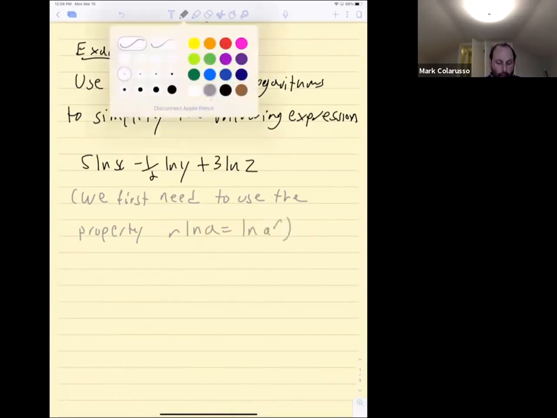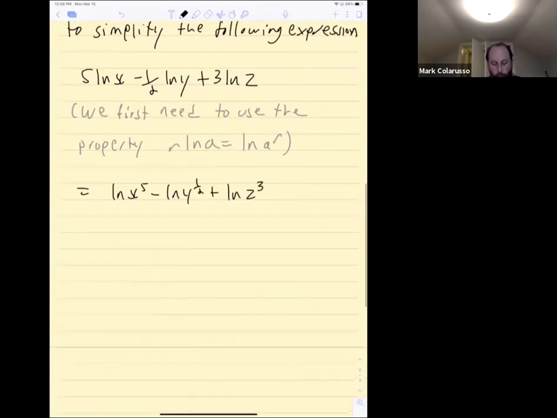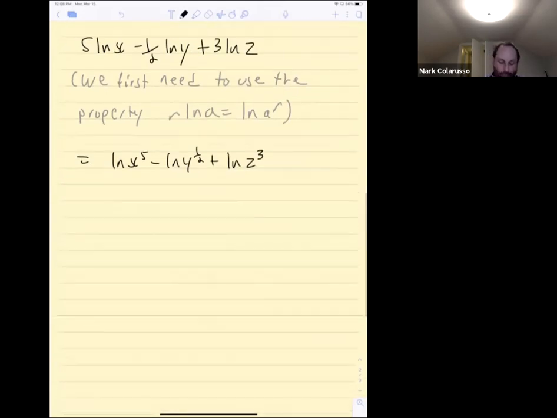If we do that, we get ln x to the 5th minus ln y to the 1/2 plus ln z cubed. And now you can use the quotient and sum properties. You just have to do it in the right order.